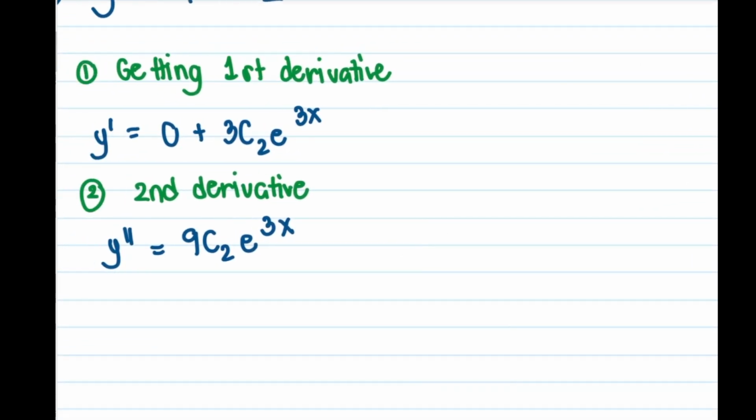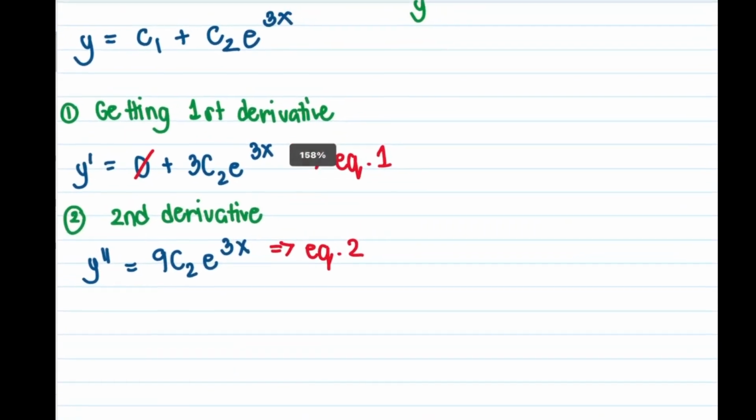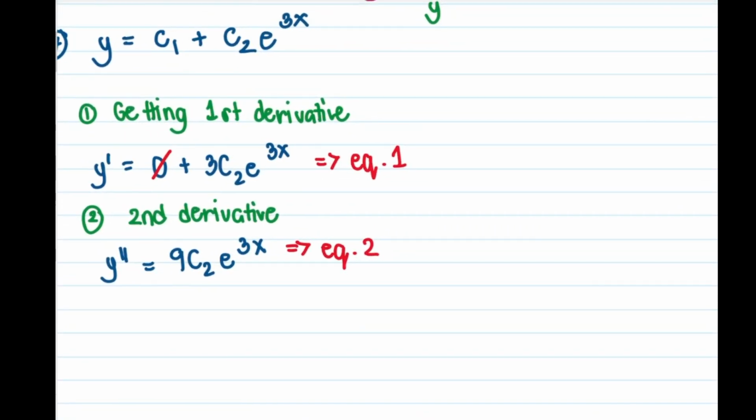So since we have both of the equations, now we can eliminate the constant. So this one will be your equation 1. And this one will be your equation 2. So let's cancel 0 here. Let us rewrite both of the equations so we can see what we can eliminate.